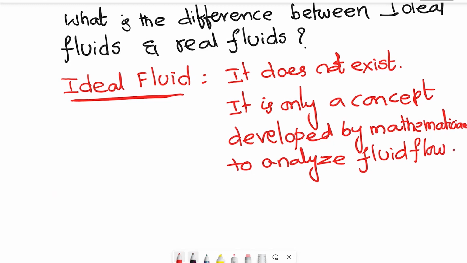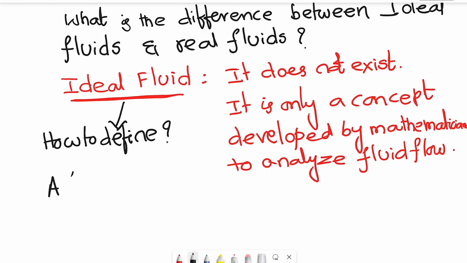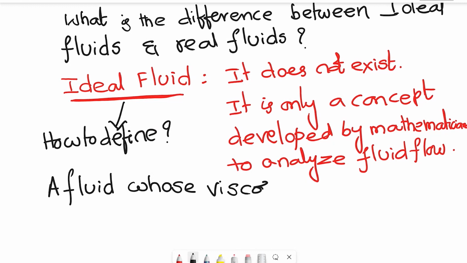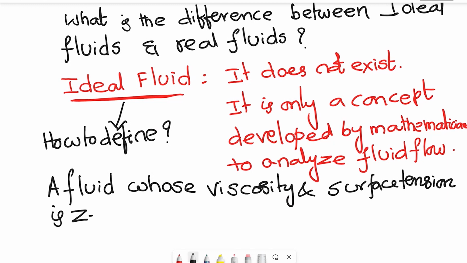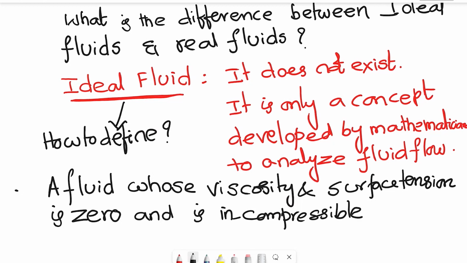But how to define it? A fluid whose viscosity and surface tension is zero and is incompressible is called ideal fluid.